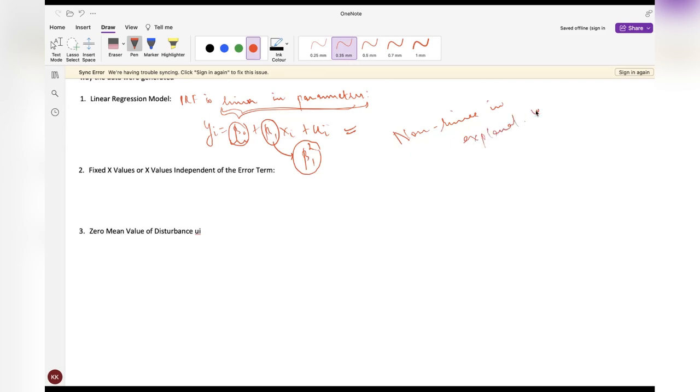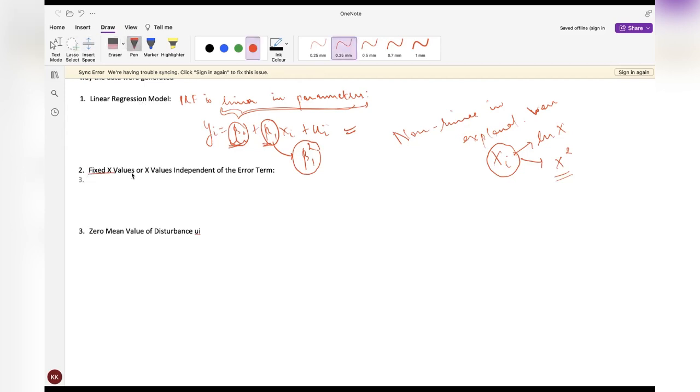This means that our explanatory variable xi can be log of x, x squared, quadratic, non-linear, anything. But our parameters need to be linear, right?